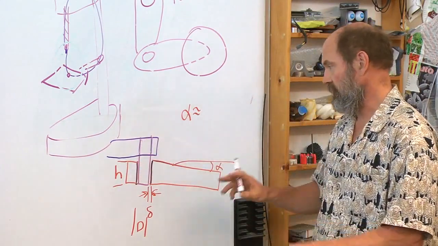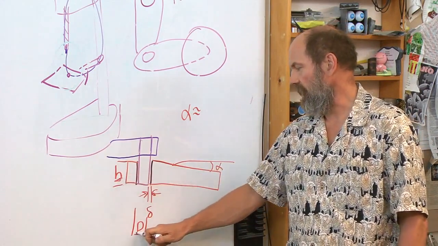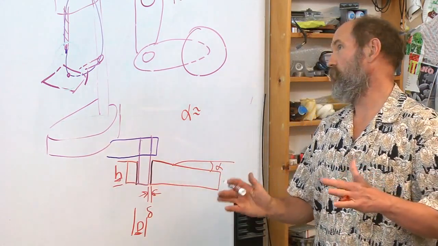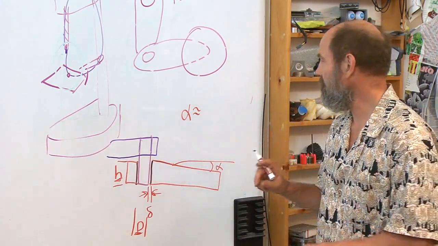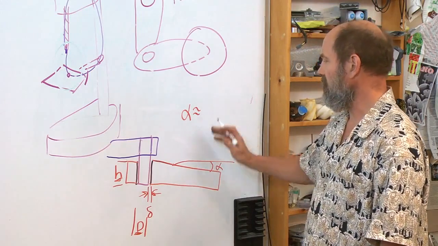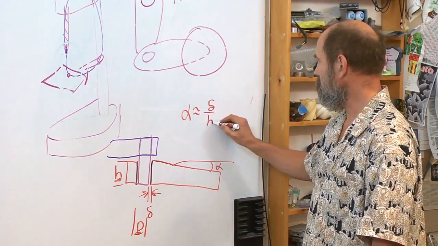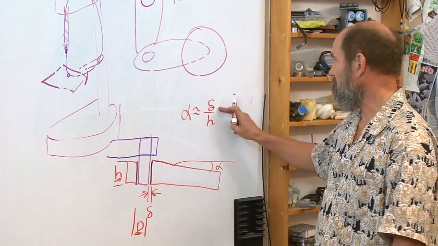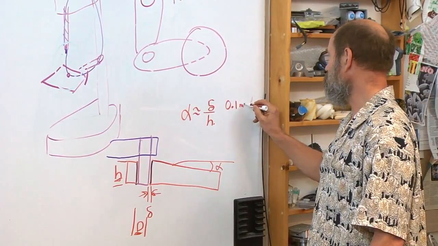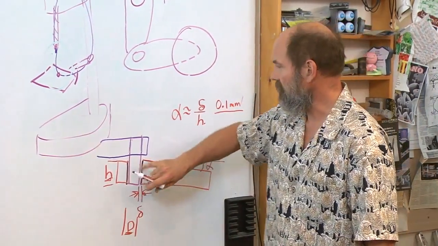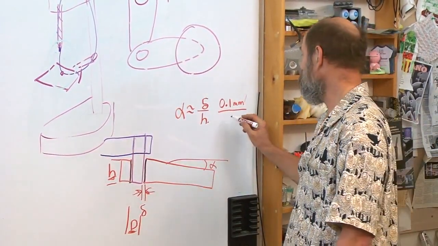Very rough approximation: if this height is much larger than this diameter, by a factor of 1.6 to 3, for example, and you're going to see where those special numbers come from, then we can first order approximate this angle alpha as around delta over h. Delta may be, for reasonable things, 0.1 millimeters. H may be 50 millimeters.